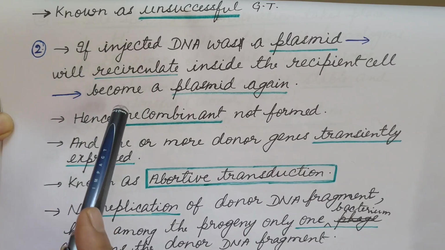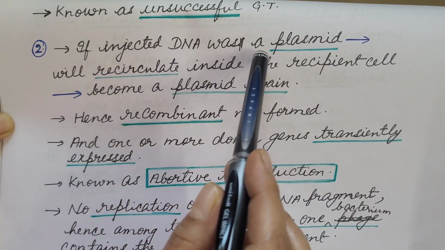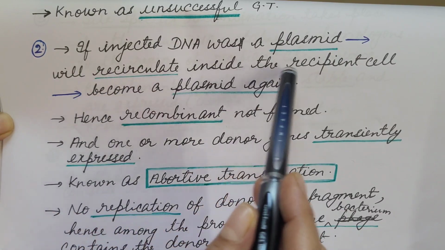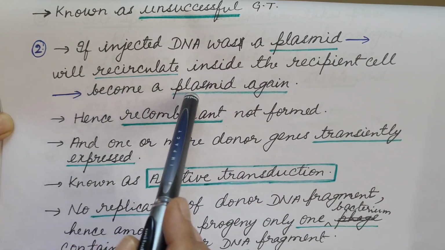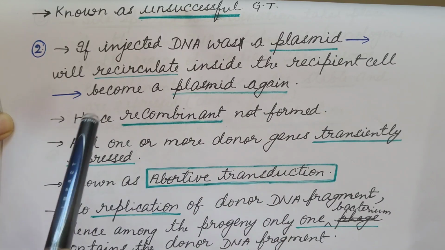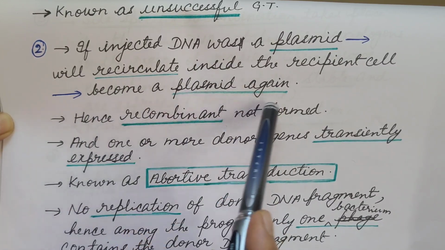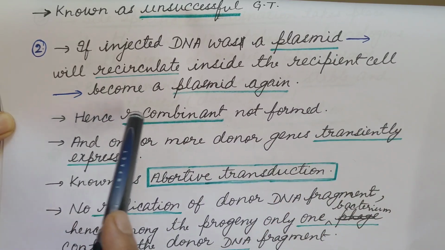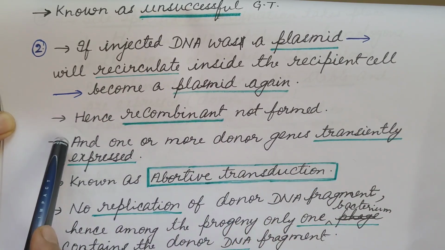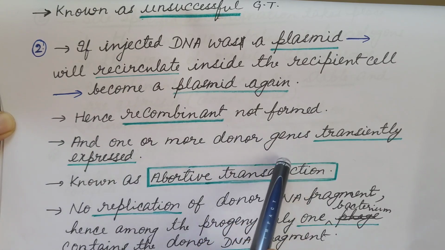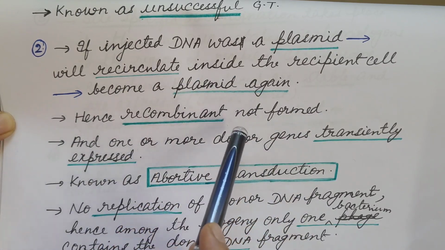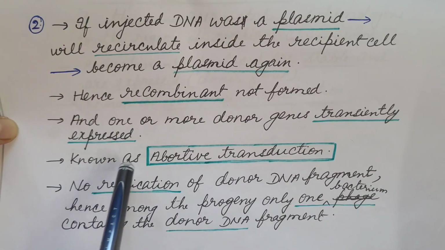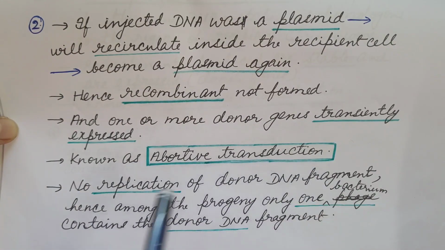In the second fate, if the injected DNA was originally a plasmid, it will recirculate inside the recipient cell and become a plasmid again. So it remains extrachromosomal in the recipient cell, hence a recombinant is not formed. One or more donor genes present in this plasmid are transiently expressed. This type of transduction is known as abortive generalized transduction.